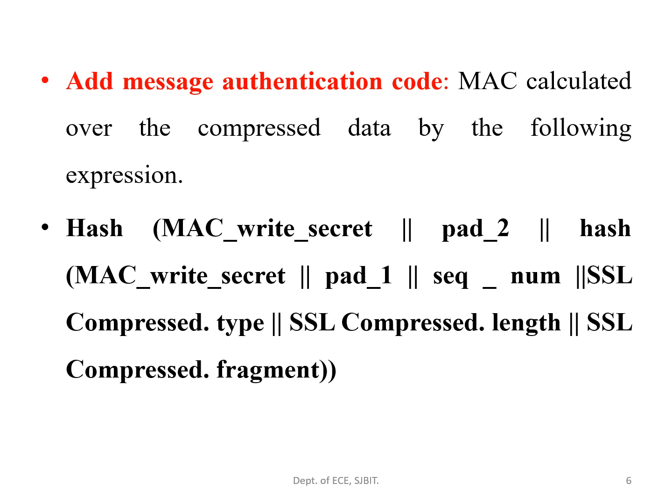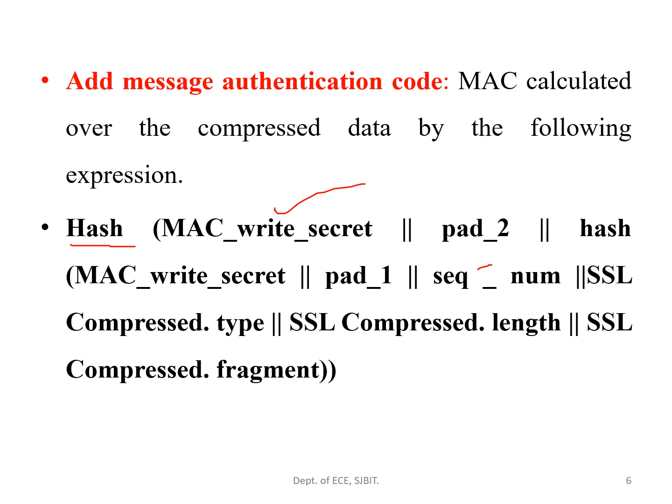MAC is calculated over the compressed data by the following expression: hash of MAC write secret, concatenated with pad 2, concatenated with the hash of MAC write secret, concatenated with pad 1, sequence number, SSL compressed type, SSL compressed length, and SSL compressed fragment.